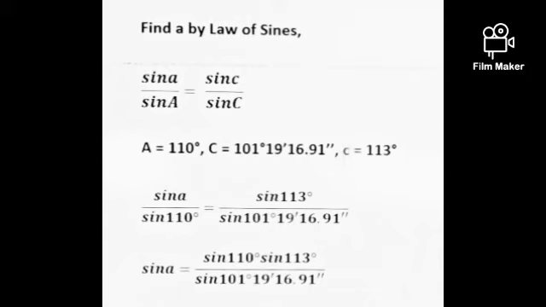We multiply sine of 110 degrees by sine of 113 degrees. We get the equation sine a equals sine of 110 degrees multiplied by sine of 113 degrees over sine of 101 degrees, 19 minutes and 16.91 seconds.